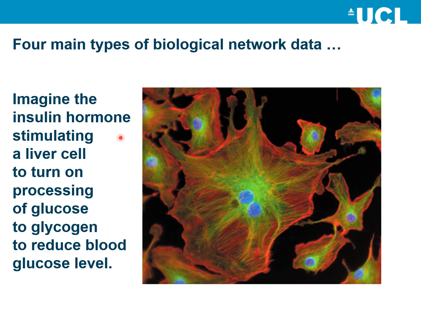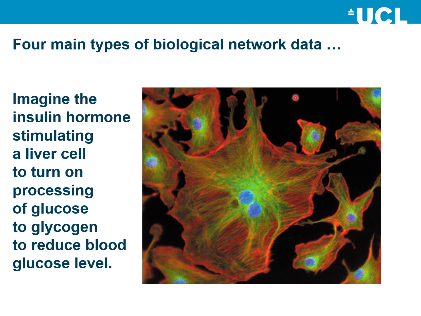You might be aware that type 2 diabetes cells do not respond so well to insulin, and this causes a lack of control of blood sugar, so the blood sugar can become too high. How does that work?